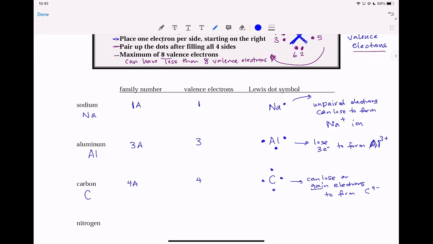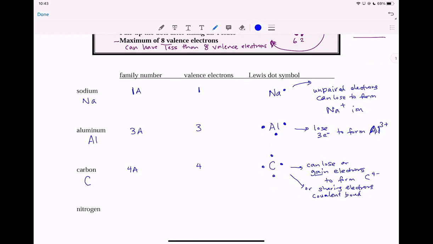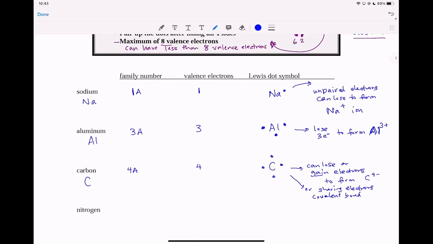But it also can gain electrons by sharing, sharing electrons, which is a covalent bond. And we'll get back into exactly what goes on in the process of forming bonds, but it starts with understanding that there are electrons that are valence electrons, on the outside of the atom, and those valence electrons are what are lost and gained in forming an ionic bond or a covalent bond.